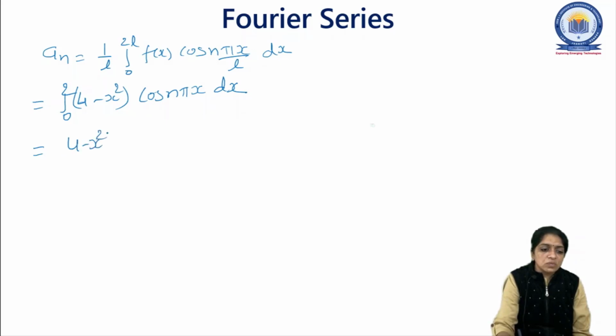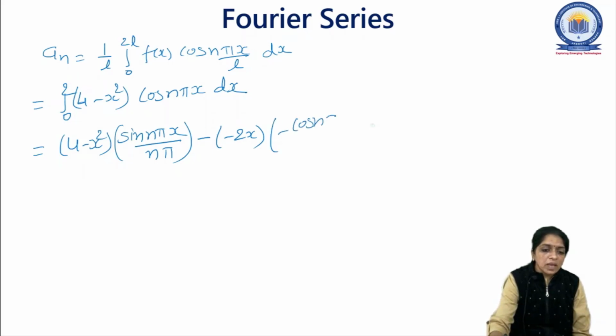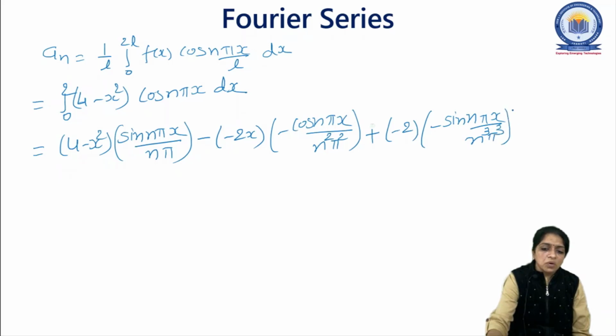So 4 minus x square, keep it the same, and the integration of cos(n pi x) is sin(n pi x) upon n pi, minus the derivative of 4 minus x square, that is minus 2x, and the integration of sin(n pi x) upon n pi is minus cos(n pi x) upon n square pi square, plus the derivative of minus 2x, which is minus 2, and the integration of minus cos(n pi x) is minus sin(n pi x) upon n cube pi cube. Okay, and the limits are 0 to 2.